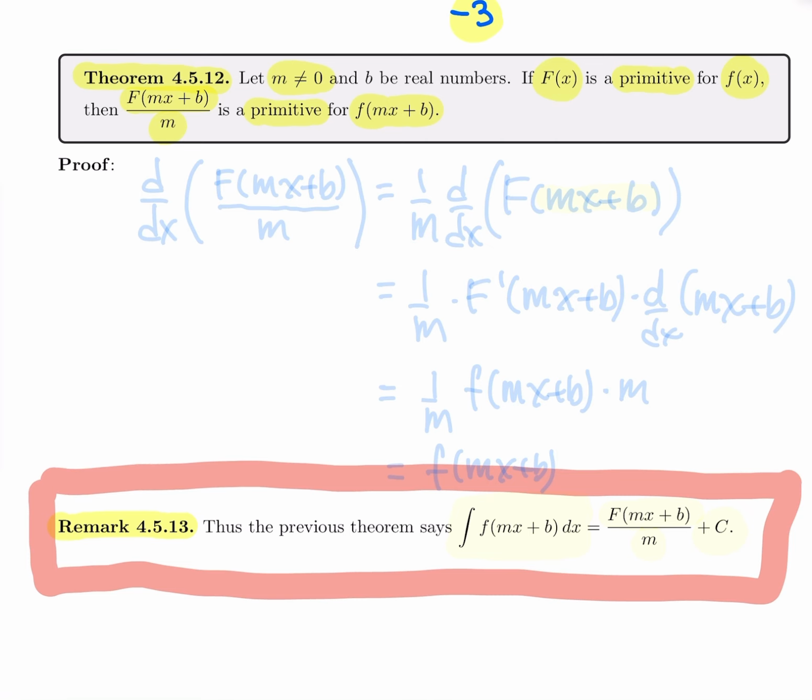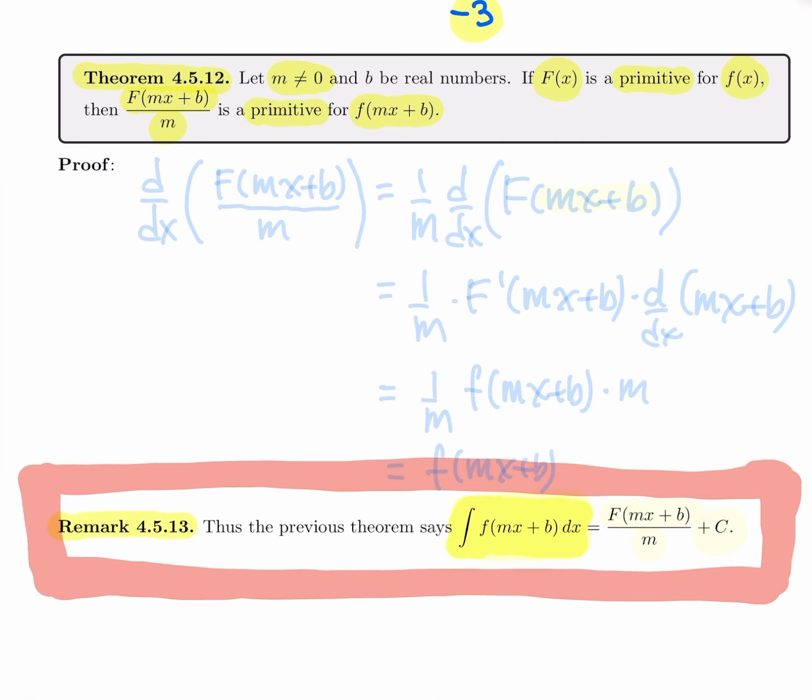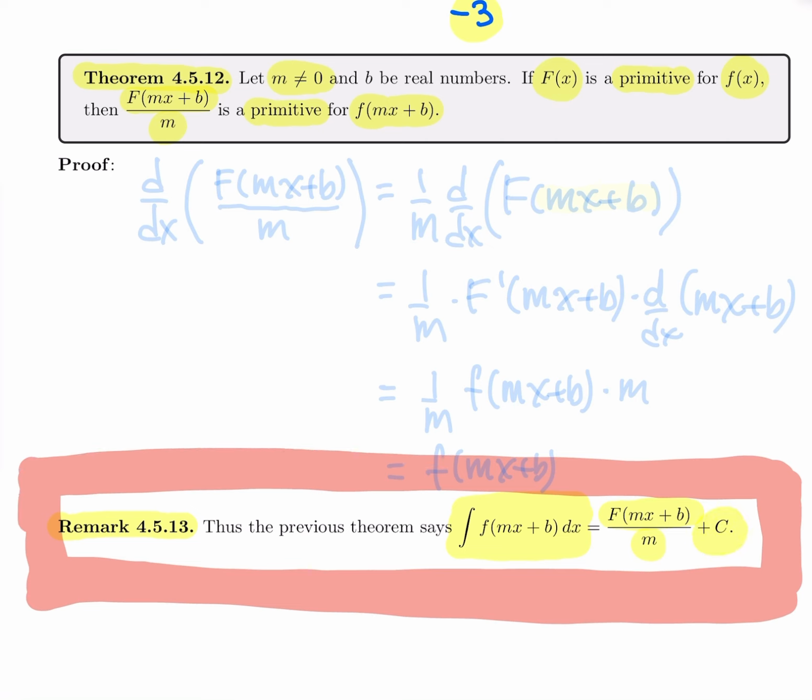What the theorem is saying is that if you're integrating the function f of mx plus b and you know that the primitive of small f is big F, just use that big F formula at the linear function, divide by the slope, and add plus c, and you get your answer. It makes the computation way more straightforward.